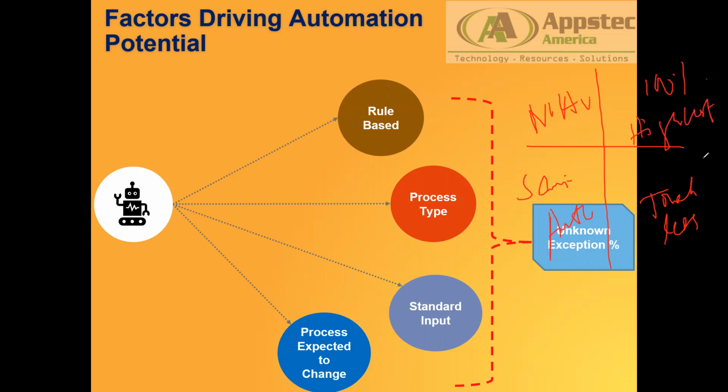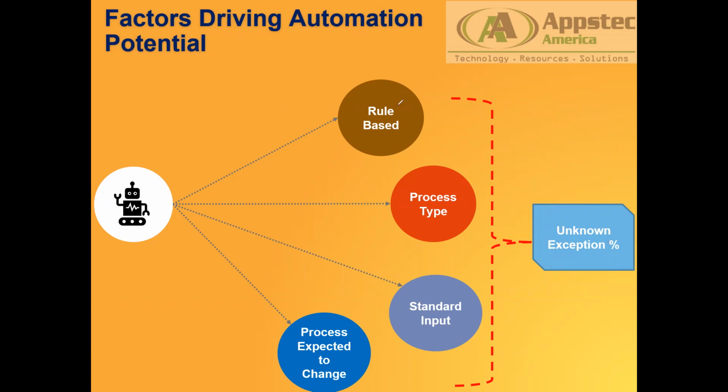That means the solution of the RPA deployment would require some additional money or investment, but that automation can easily become a 100% automation. So with that, we will now try to understand the basic rules. First of all, the basic thumb rule that we have already understood is that any process needs to be rule based.